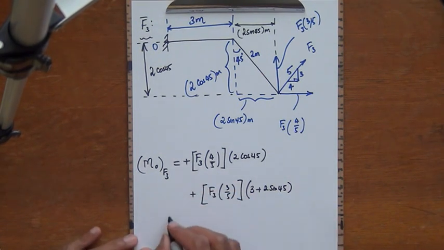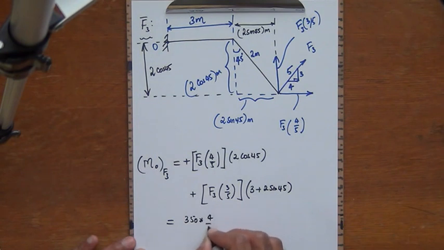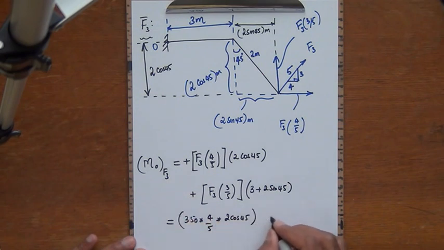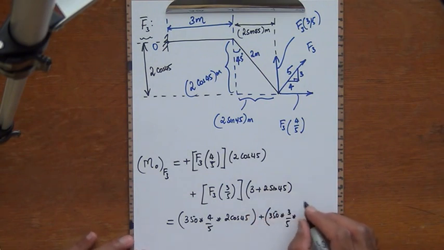And all I have to do is start substituting. F3 had a magnitude of 350 newtons, so this is going to be 350 times 4/5 times the moment arm, which was 2 times cosine 45, positive, and then I have the other component positive as well, 3/5 times 350 times (3 plus 2 sine 45).